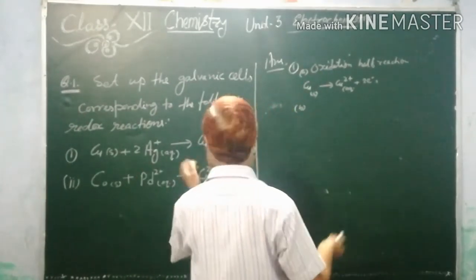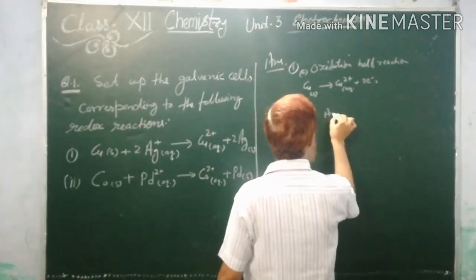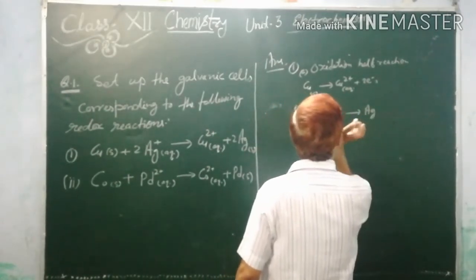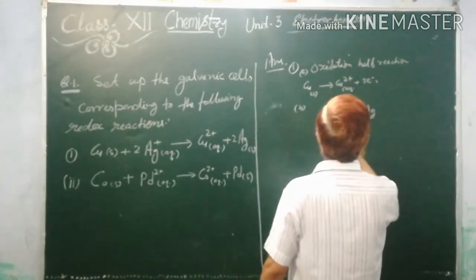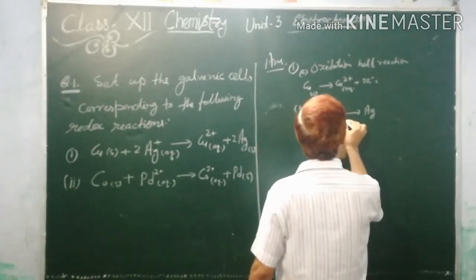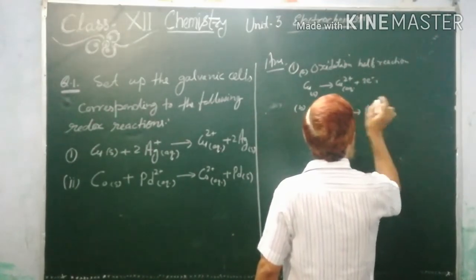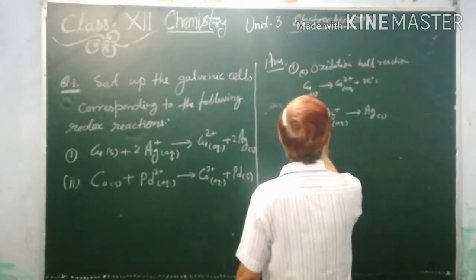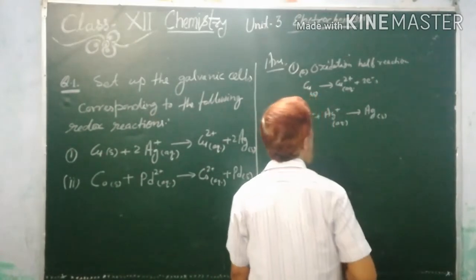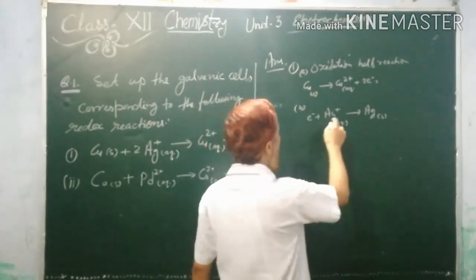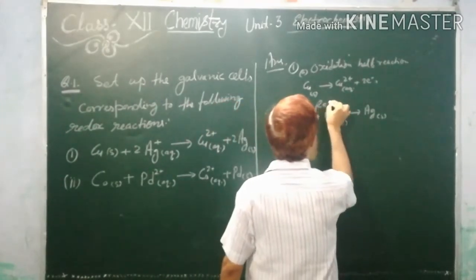So what is the reduction? Ag+ changes into Ag, aqueous to solid, by the acceptance of 1 electron. So this is the reduction half reaction.